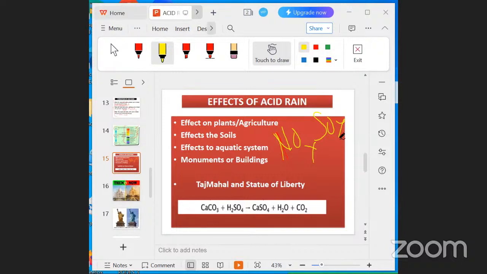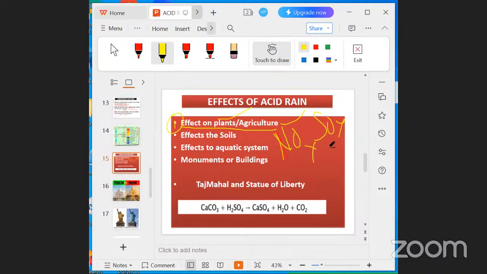First we begin with plants or agriculture. Acid rain is very harmful to agriculture and the growth of plants.